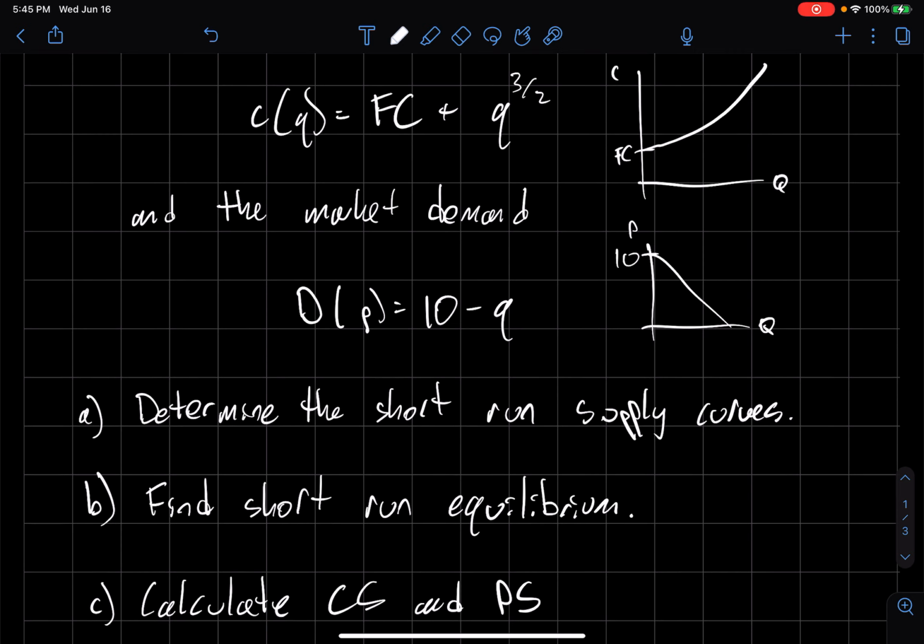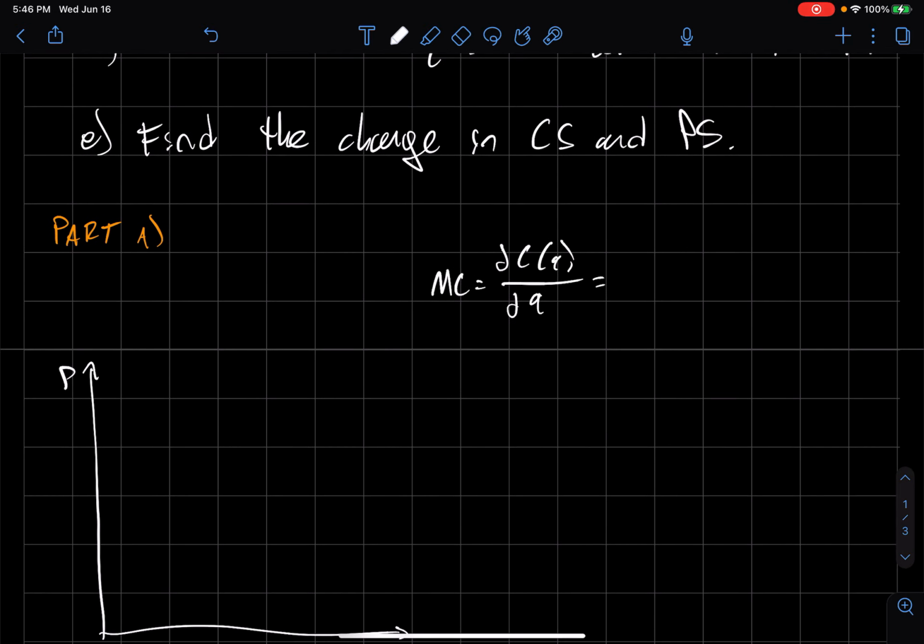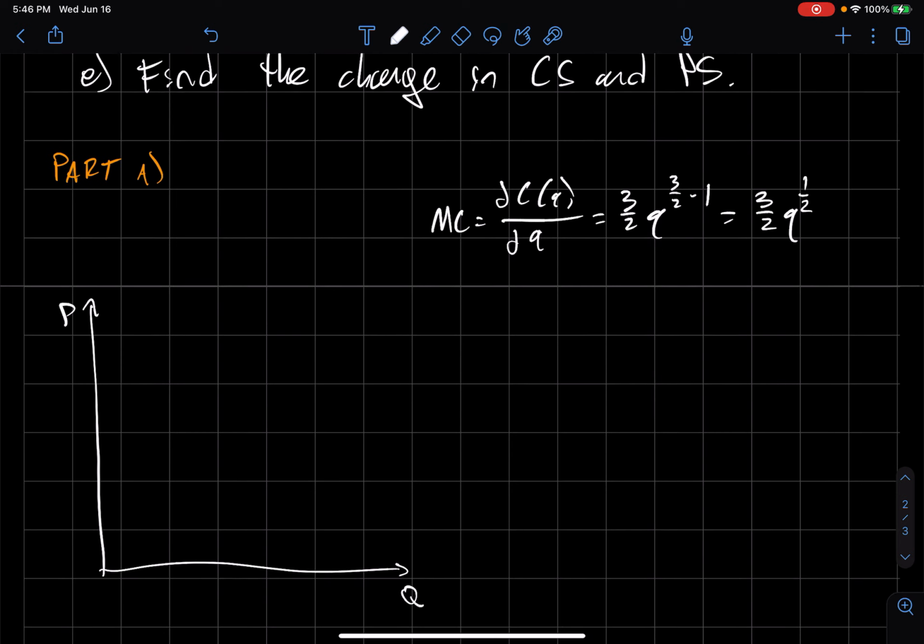So the power rule, we take the exponent, multiply that as a constant out front, and then decrement the exponent by 1. So we have 3 over 2 times Q to the 3/2 minus 1. And that's just 3/2 Q to the 1/2, or the square root of Q. So that looks something like this generally.